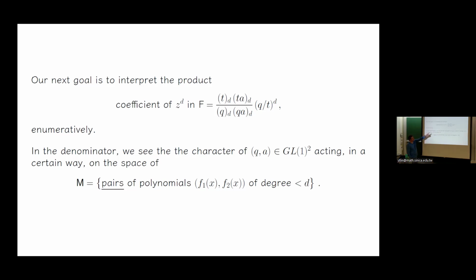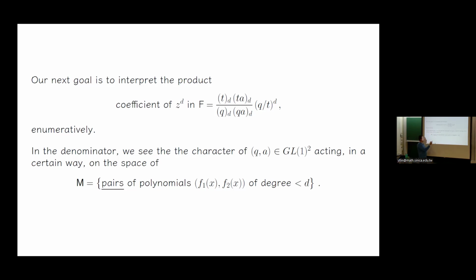So first of all, we have 2 Pochhammer symbols here in the denominator. We decided that each Pochhammer symbol is the trace of something acting on functions on the space of polynomials of degree d. And we also discussed that when I have products of things, that means products of the corresponding counts.